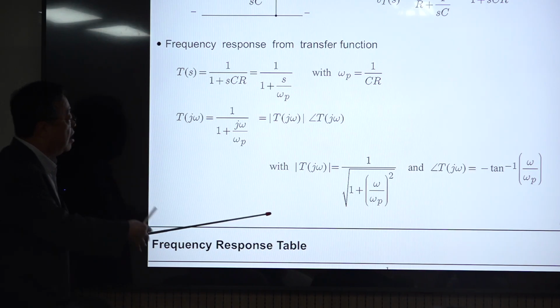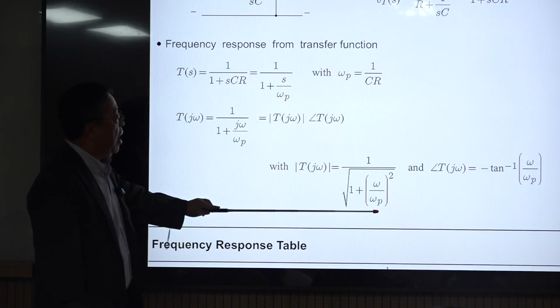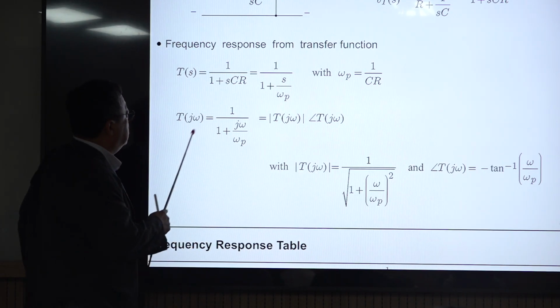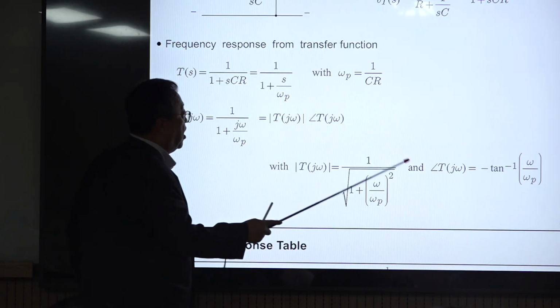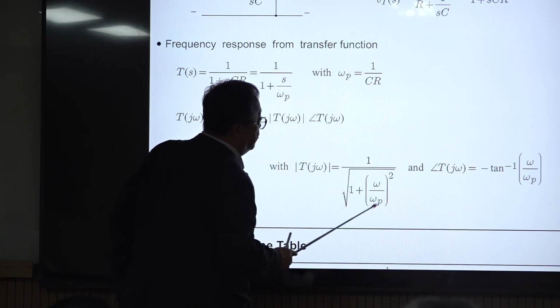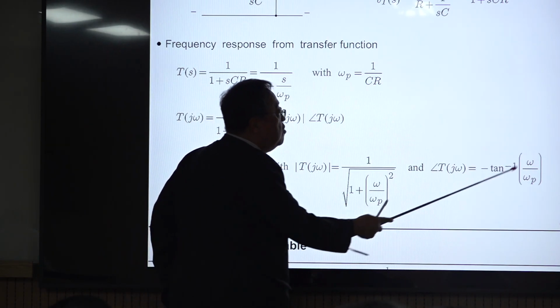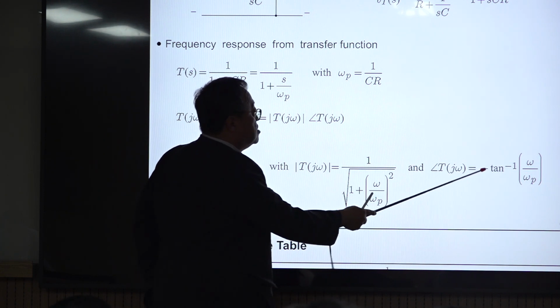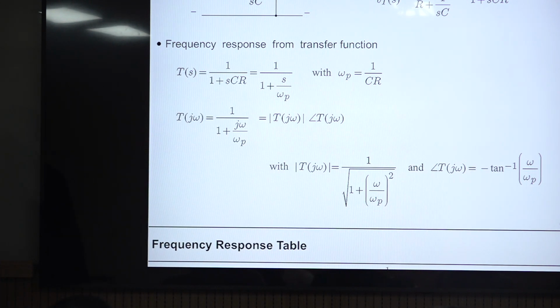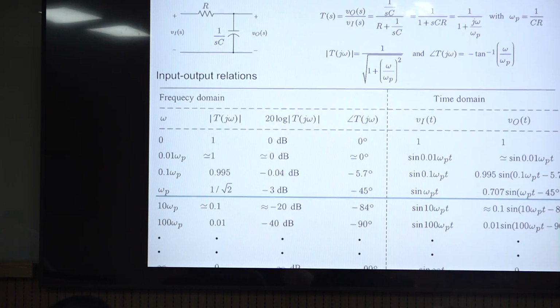It has the real part and the imaginary part. So this is the magnitude and the phase of arctangent, imaginary part over real part. This is the real part, and the imaginary part is coming here, and it has this minus sign because it comes in the denominator. All this is very simple.